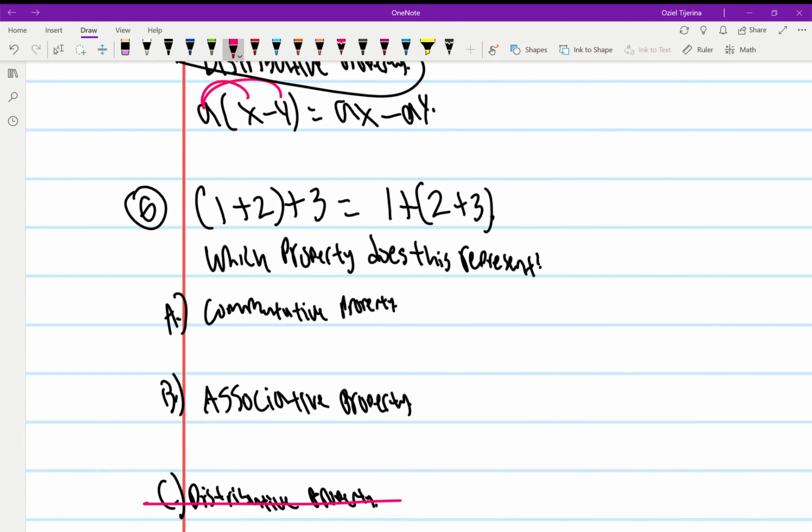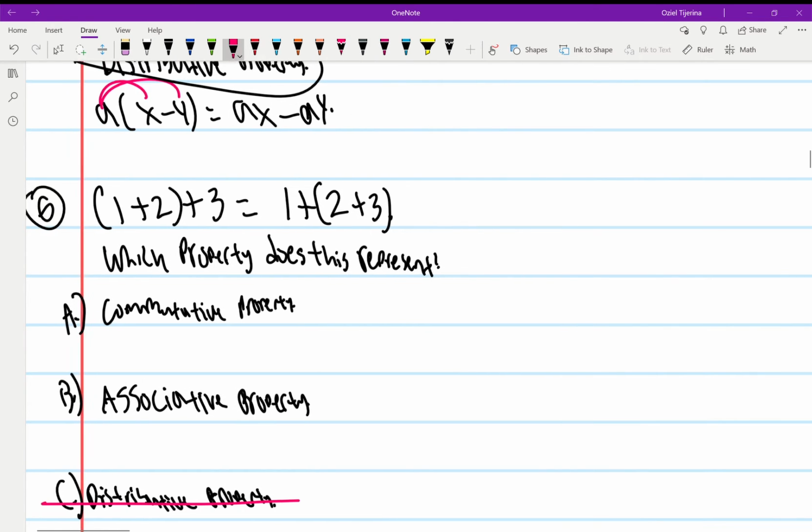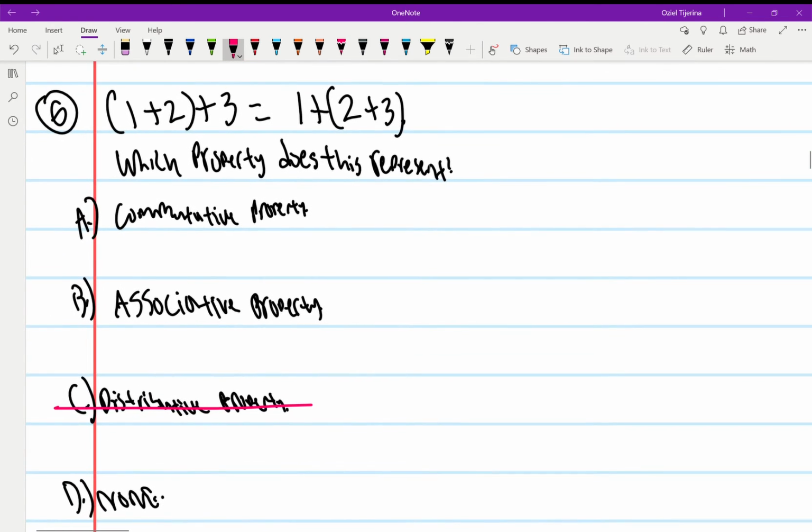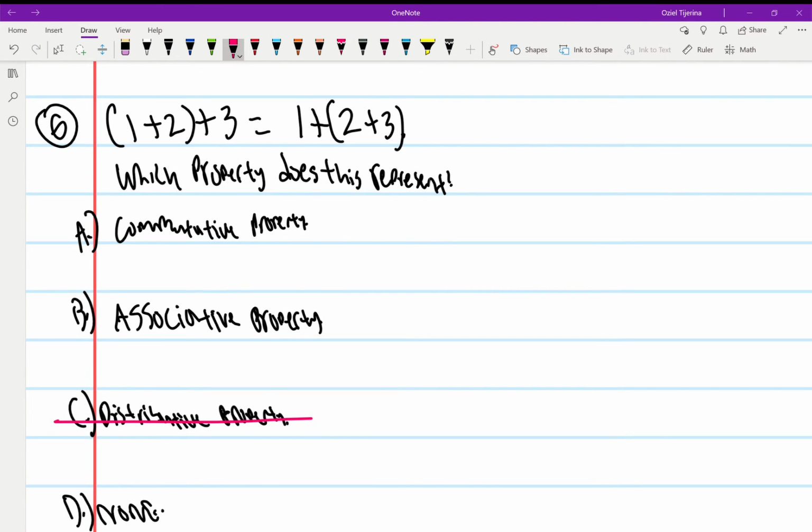For commutative property, give me a second. So for commutative property, it's kind of the same thing as, you know, it can be confused. These both can be confused very easily.